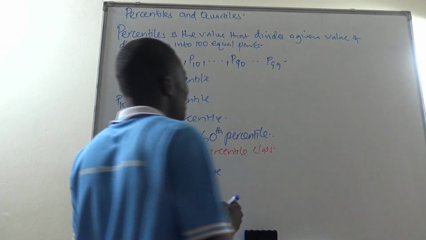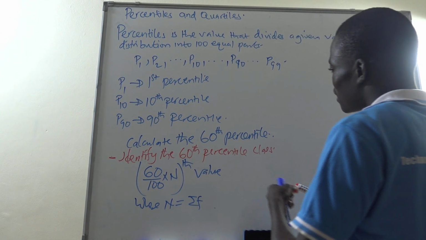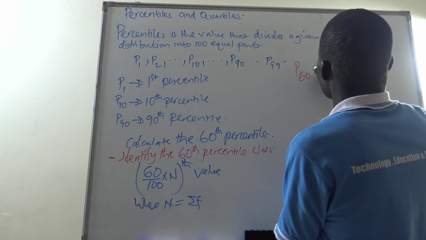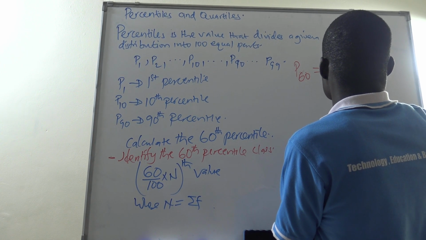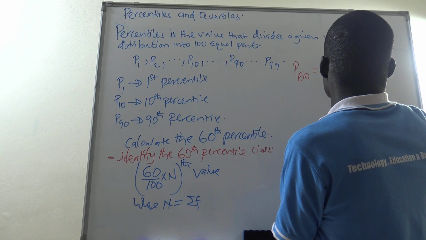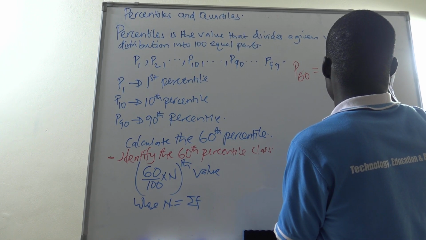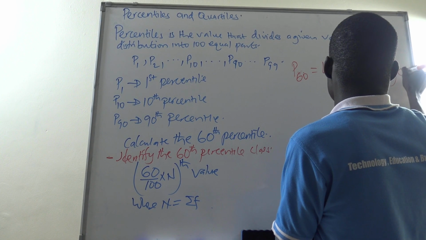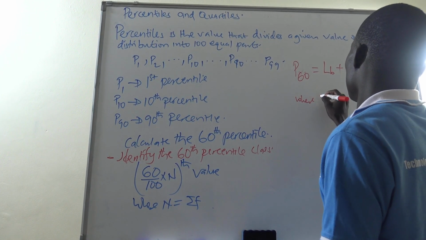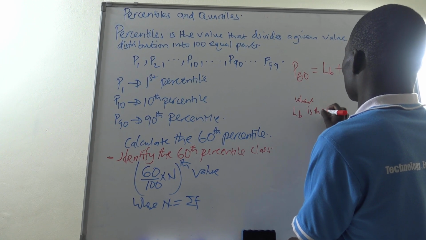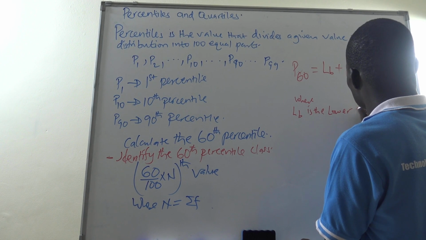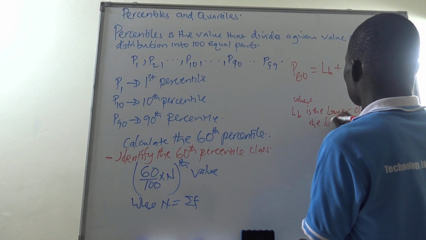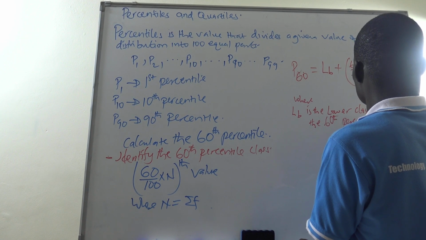After identifying that, our 60th percentile, P60, is defined by LB plus 60 out of 100 N minus cumulative frequency before, divided by frequency within, times C, where LB is the lower class boundary of the 60th percentile class.